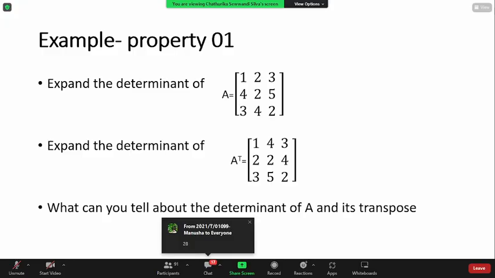Then you can by yourself check what is the determinant of the transpose as well.